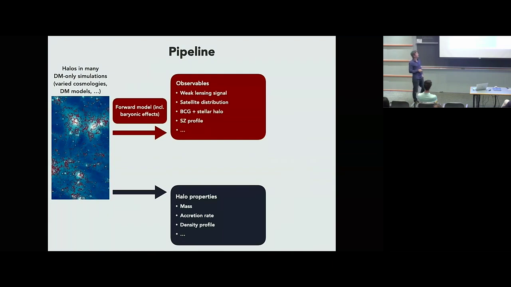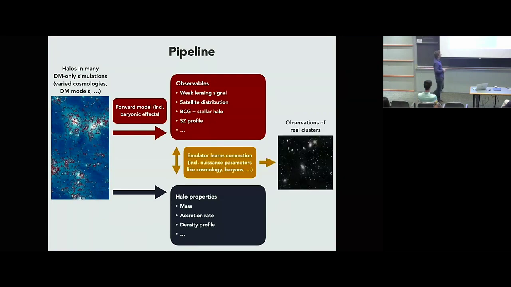Right? Then we train an emulator to connect these two things and apply it to real clusters, run an MCMC, right, because the emulator is fast, and hope that you can still get some useful constraint on these things while you're marginalizing over all the nuisance parameters in this ginormous forward model that you've built. And so this is obviously a very difficult task, right, to predict these things faithfully enough that you get anything useful out of this.